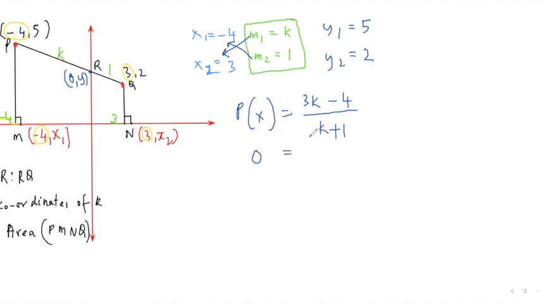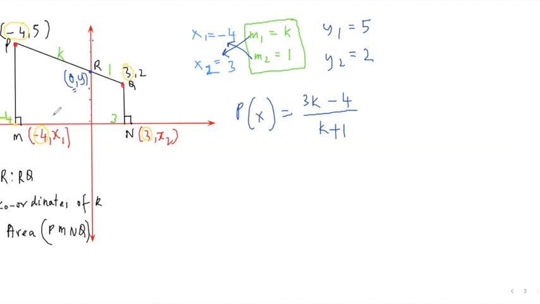Could you explain that again? Since R is touching the y-axis, on the line of the y-axis, x is 0, okay? So the x coordinate of any point on the y-axis will be 0.